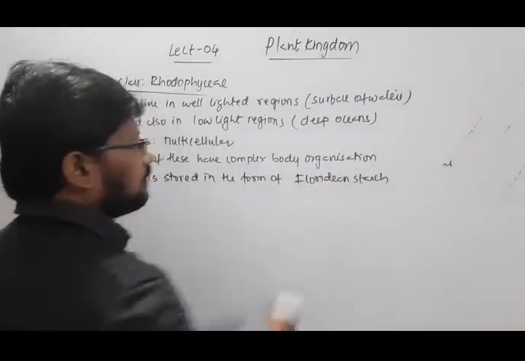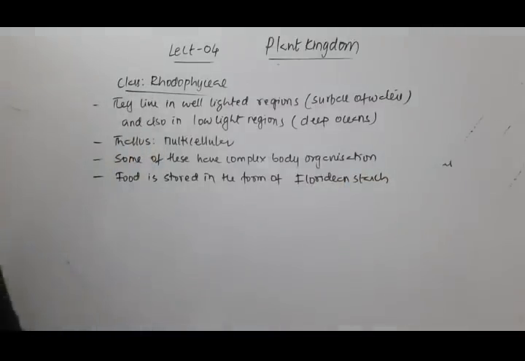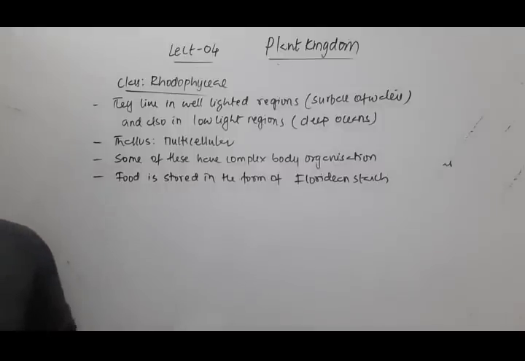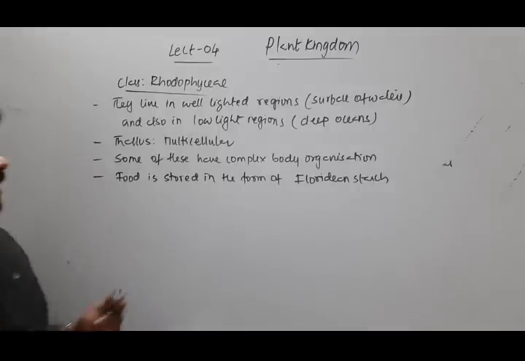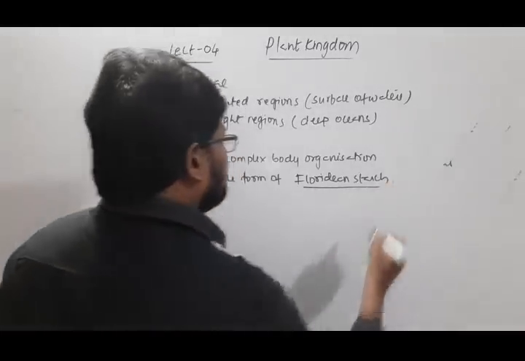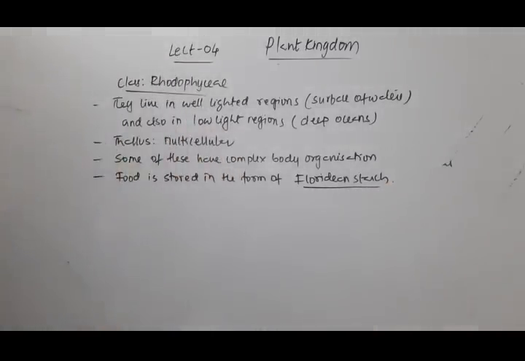This is the reserve food material. This Floridian starch is similar to amylopectin and glycogen in structure. So we see the food stored in the form of Floridian starch.